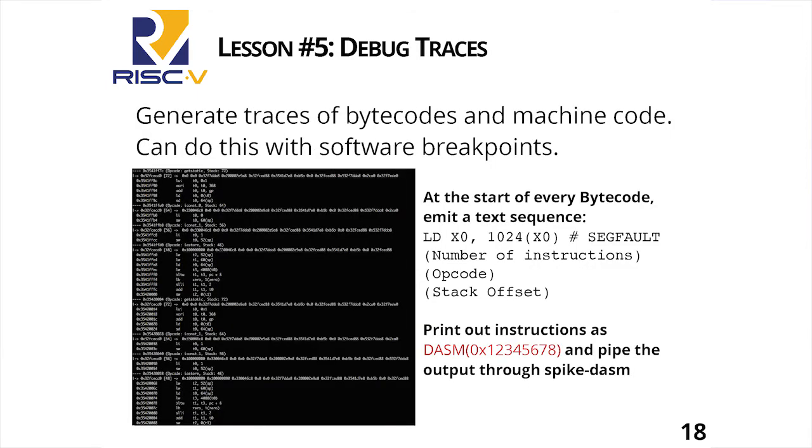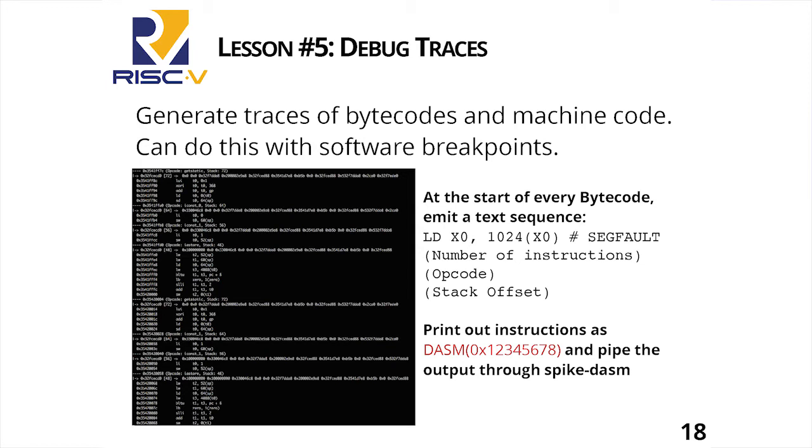As you go along, you'll actually need deeper debug information. And specifically for a just-in-time compiler port, what you ideally want is a trace of all the bytecodes that you're executing, as well as the stack state at a given time and the RISC-V instructions that are being emitted for each of them.